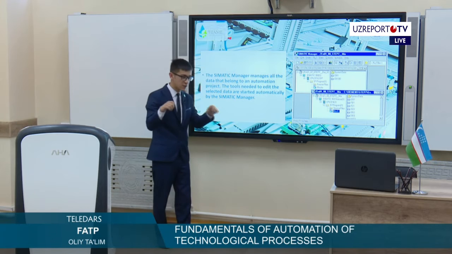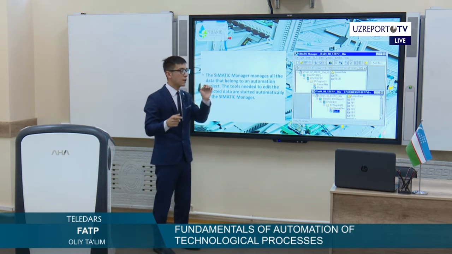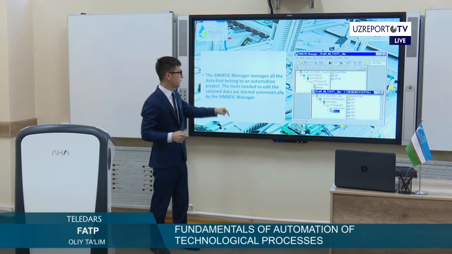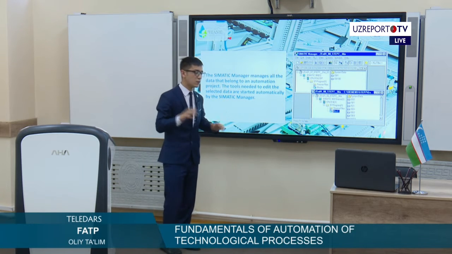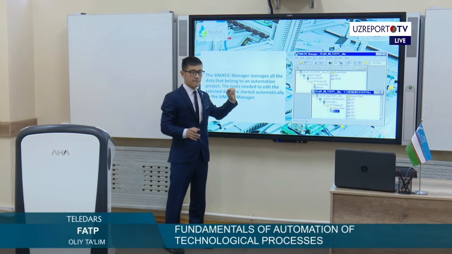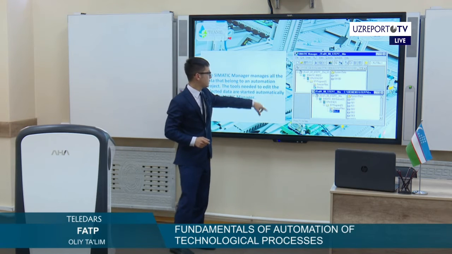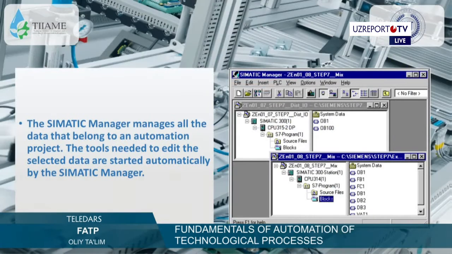When you connect your laptop or computer to the controller, the computer must see this device. Then you open the software, Step 7, and run diagnosis to find the device, as shown on the right side of the slide.